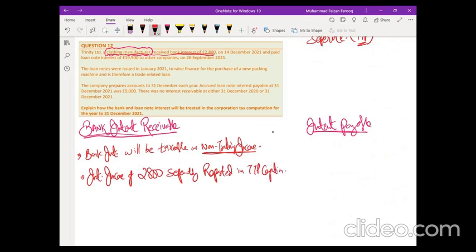Right or wrong? In our TTP format, we have trading income, then we have interest income, then we have others, property income, and then we are deducting QCD. In this format, it will be reported separately as 2,800, correct?